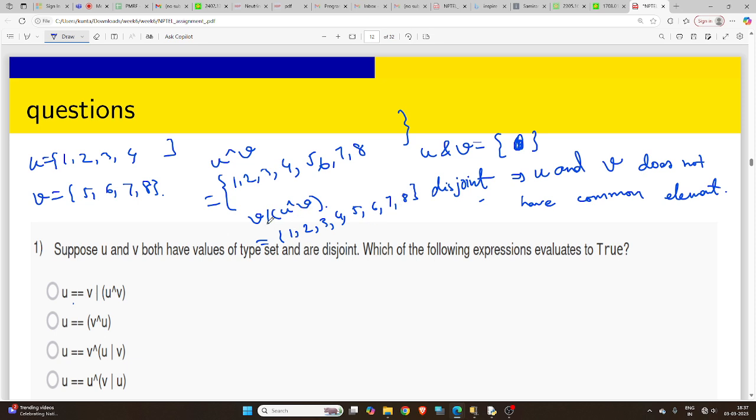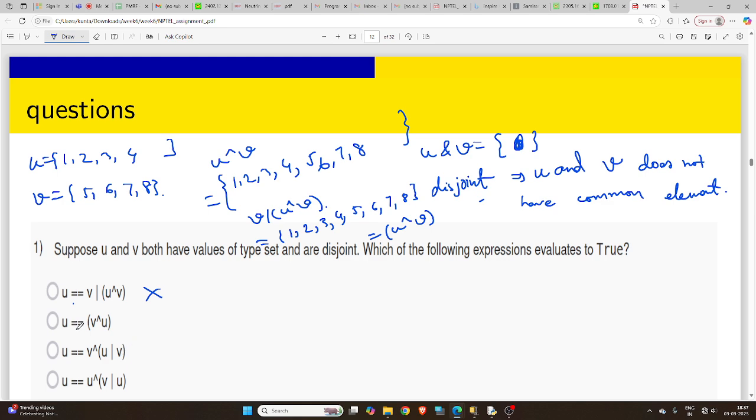Because v and then union they are talking about, and then exclusive or. So that means there will be a union of v and u to the power v. So v is 5 6 7 and 8, and u to the power v is 1 2 3 4. So as a whole the union will be exactly the same as 1 2 3 4 5 6 7 8. So this is nothing but u to the power v, but they are saying that u is equal to this one, so that means it is not correct.